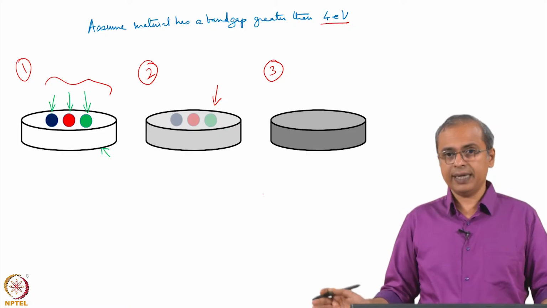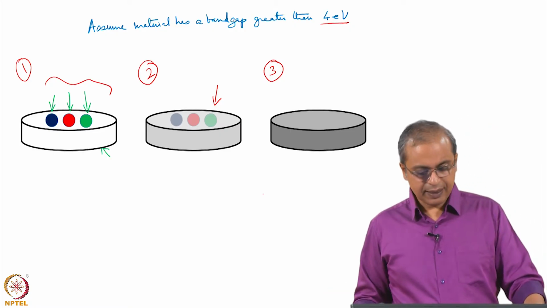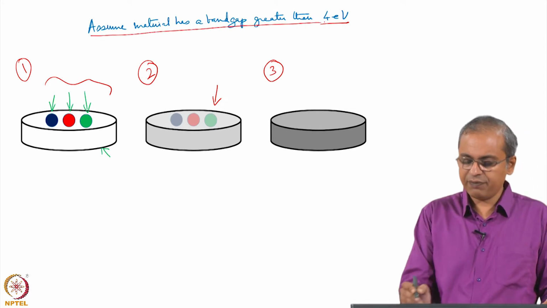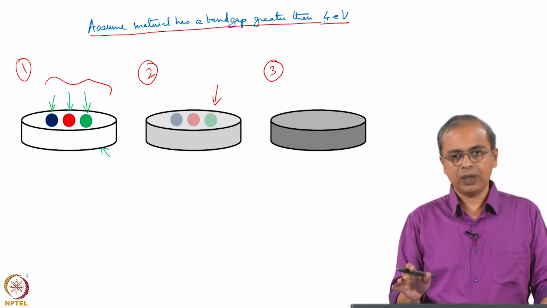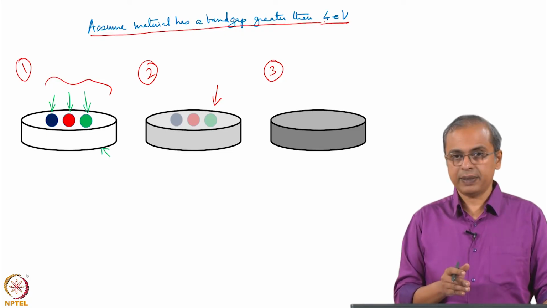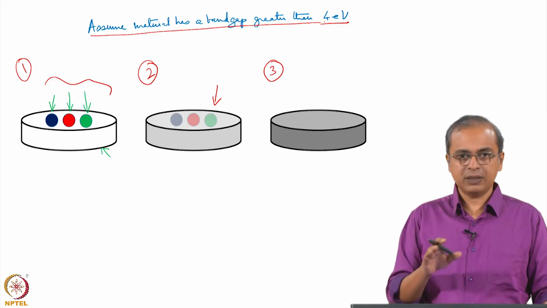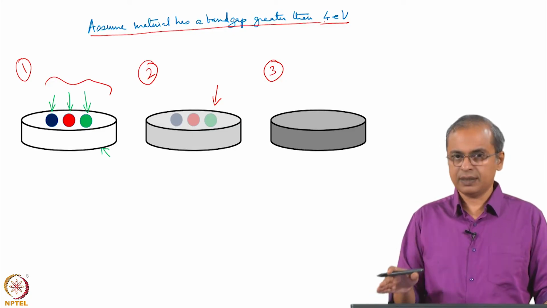So, you can actually get this range of materials, and how do we reconcile that, given the fact that scientifically we are saying the band gap is 4 electron volts and therefore it should be transparent? As I said, in these 3 cases I have not changed the band gap, the chemical composition, or the crystal structure.